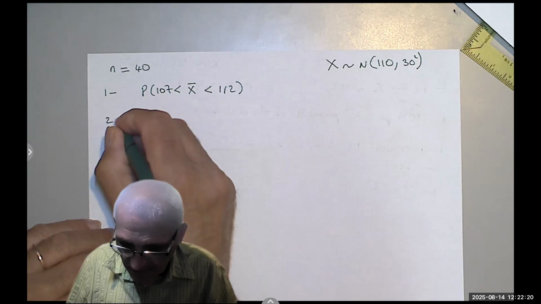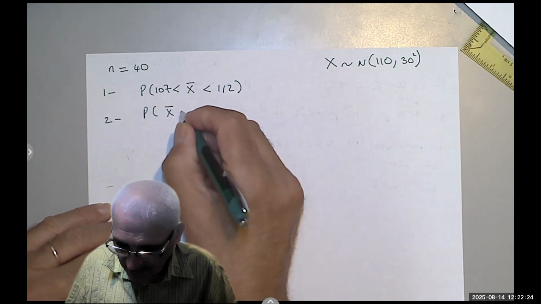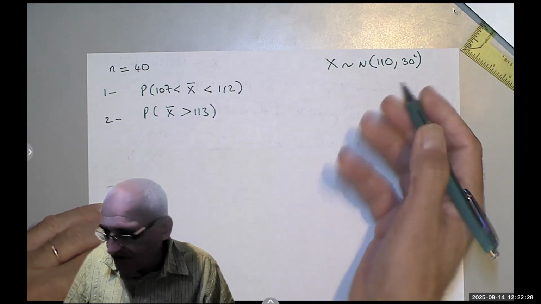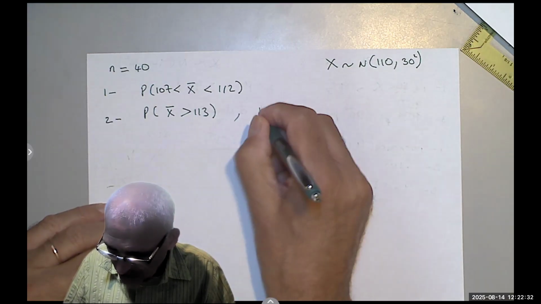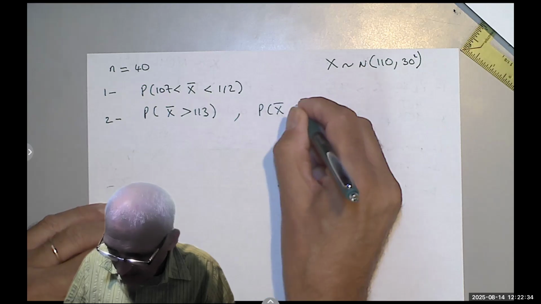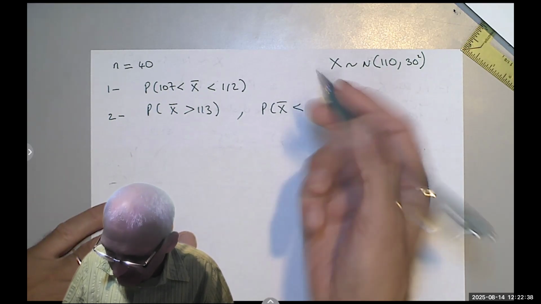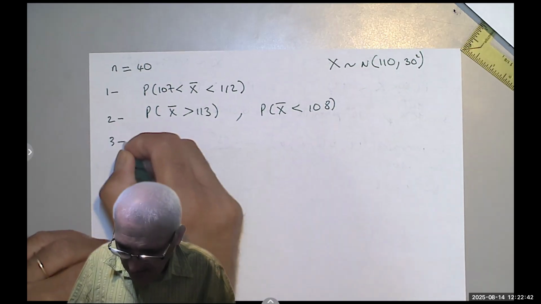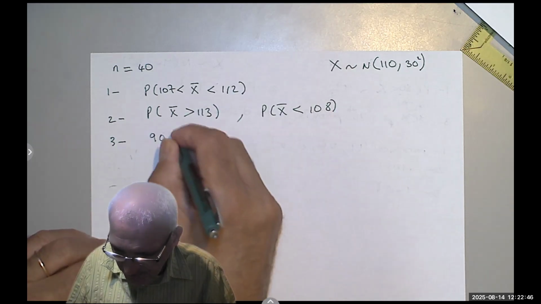Number 2, I want to find the probability that x bar is greater than 113. And maybe we did the previous one the same, like the first example. So let's take also the probability that the x bar is less than 108. And finally, since we did the 95th there, let's do a 90th percentile.